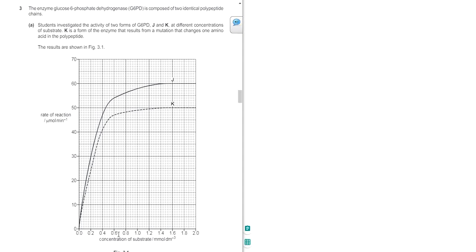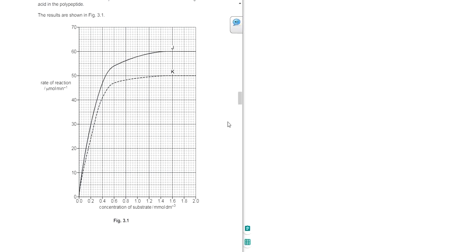And we can see that when we increase the concentration of substrate, the rate of reaction increases until at higher concentrations of substrate, the rate increases at a slower rate, in both cases until we reach a maximum rate at 60 micromole per minute for J and 50 micromole per minute for K.